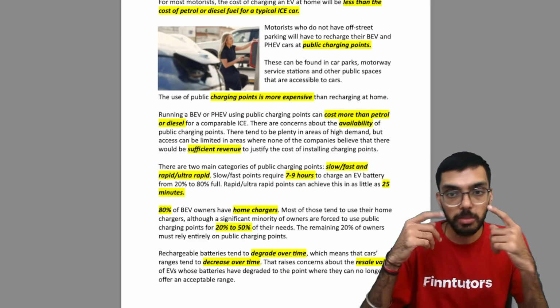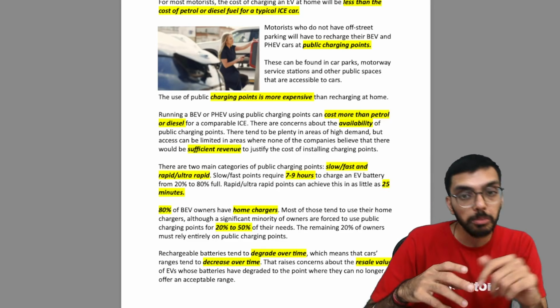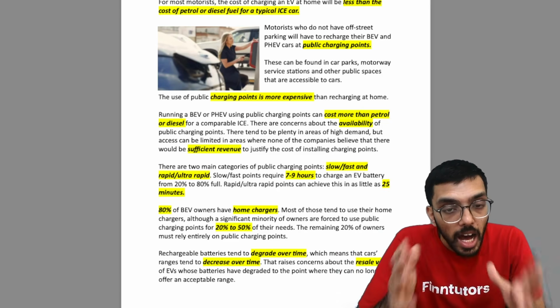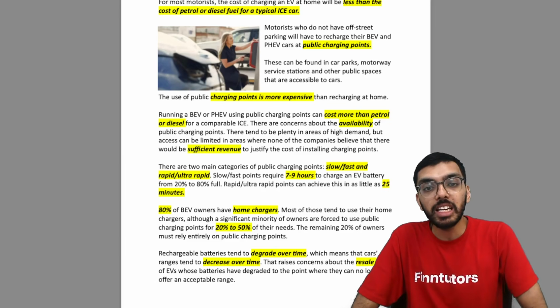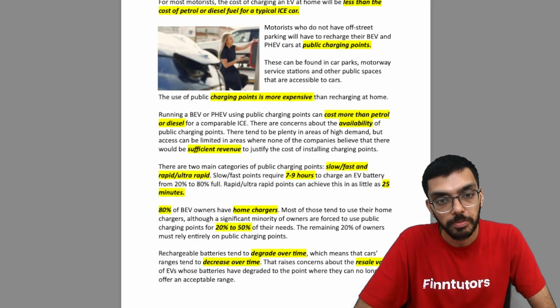There are concerns about the availability of public charging points. So setting up public charging points, setting up that infrastructure, investing in that infrastructure are considerations for your business. There tend to be plenty in areas of high demand, but access can be limited in areas where the companies believe there would not be sufficient revenue.